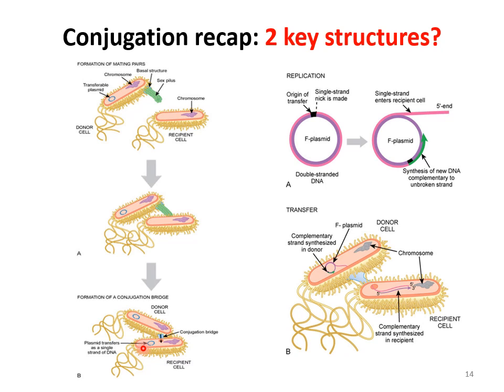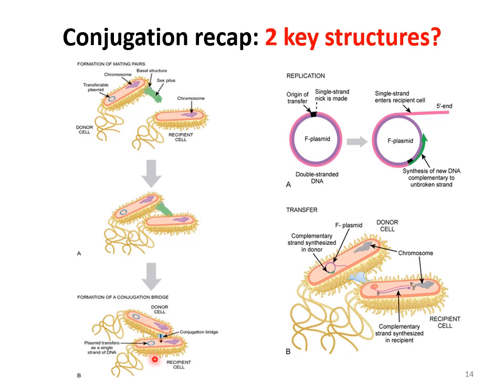Now you have a ring of single stranded DNA in the donor, a ring of single stranded DNA in the recipient, and they can use that as templates for replication. So they turn those single stranded DNA into original double stranded DNA again. So now both the donor and the recipient have the plasmid.